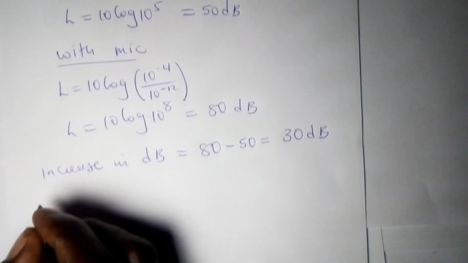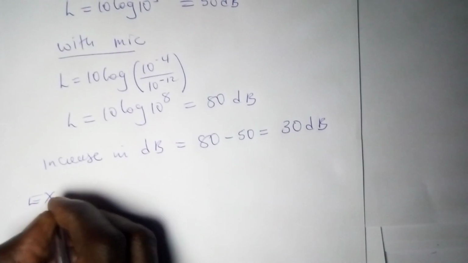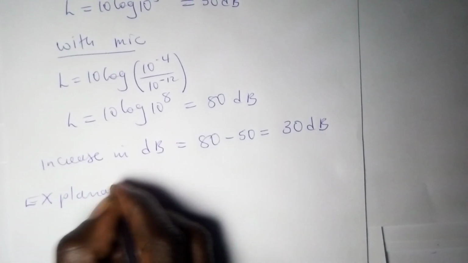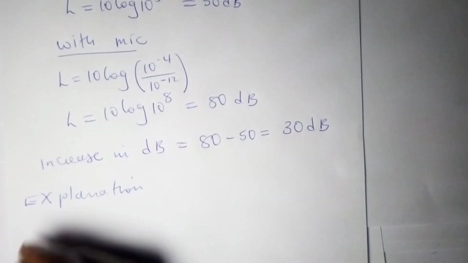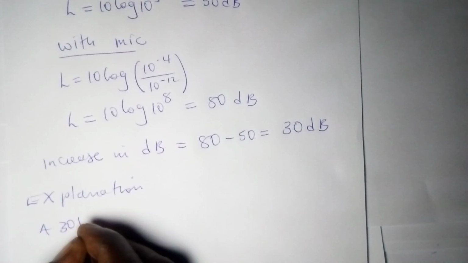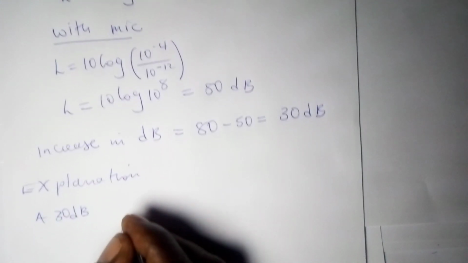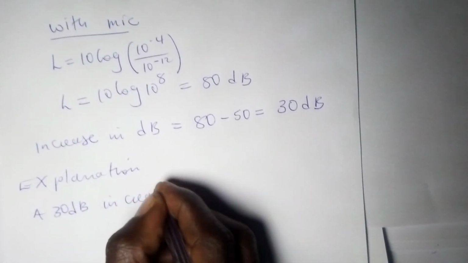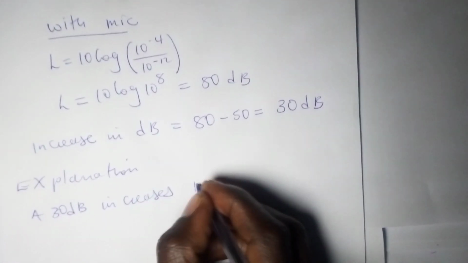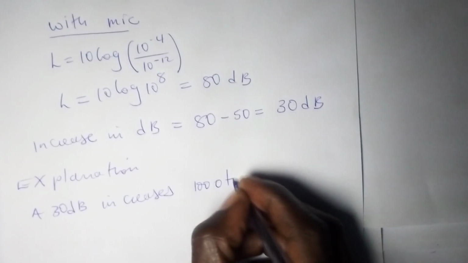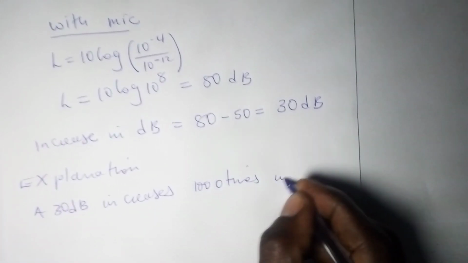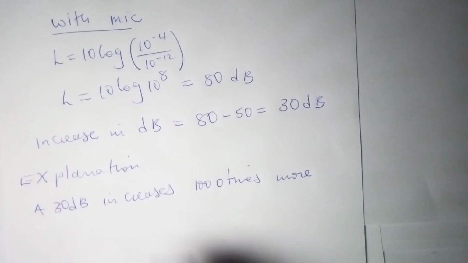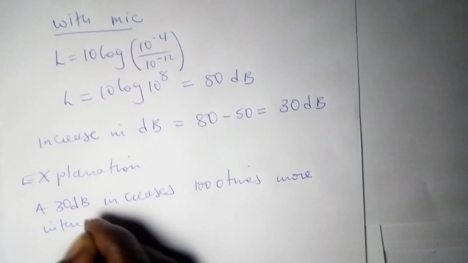So the explanation here: a 30 dB increase is 1000 times more intense.